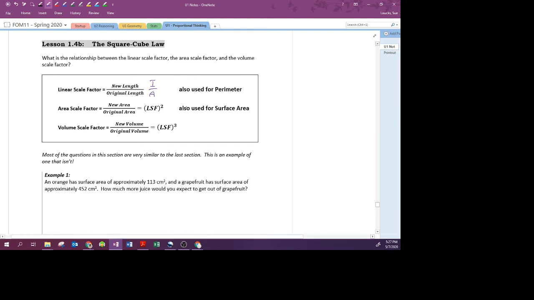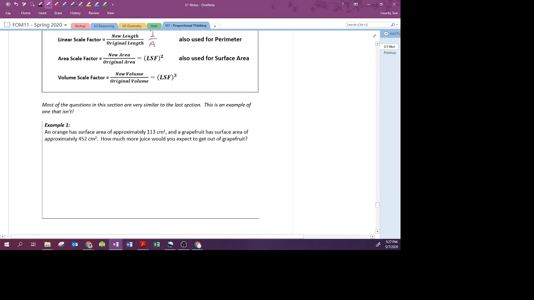Most of the questions in this section are actually really similar to the ones that you just finished. There are a couple though that aren't, and you do need to be able to do this kind of question because it takes an extra calculation. An orange has a surface area of approximately 113 centimeters squared, and a grapefruit has a surface area of approximately 452 centimeters squared.